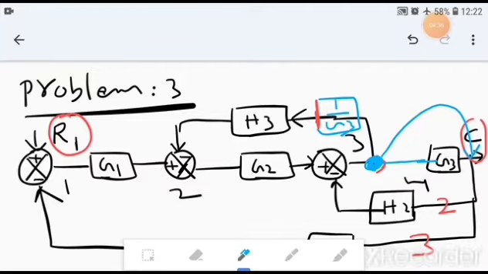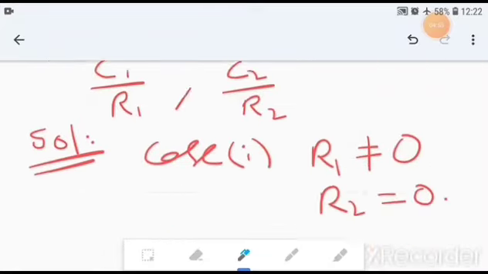So step 1 will be shifting this takeoff point, or branch point as it is called, beyond G3. When we shift the branch point beyond the block G3, we have to add 1 by G3 in series. That will be step 1.